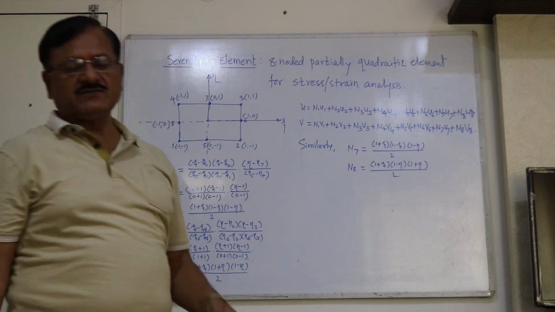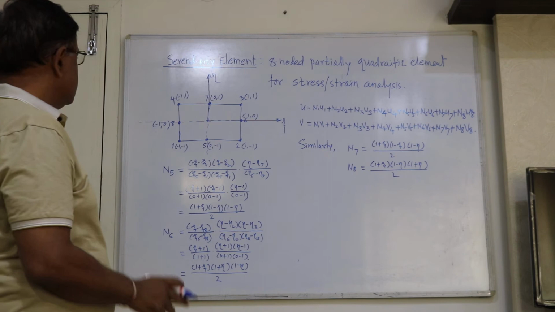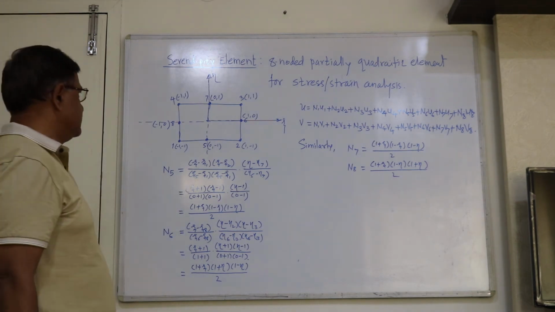Now we have calculated, say, the functions for the secondary nodes, that is 5, 6, 7 and 8.